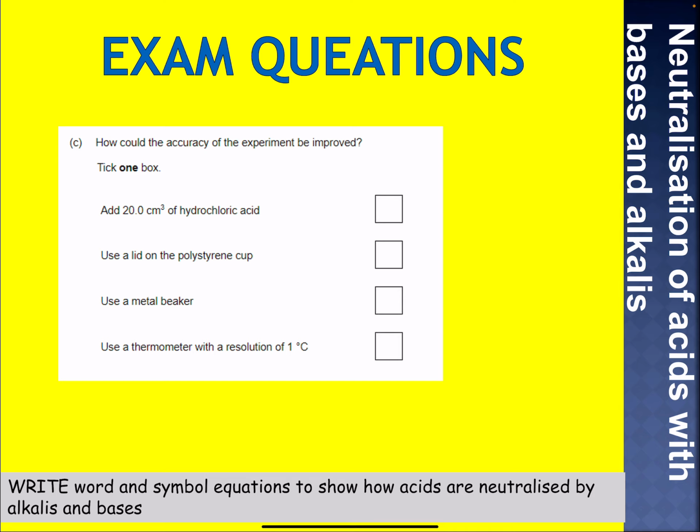How could the accuracy of the experiment be improved? Tick 1 box. So, looking at this, there you go. Use the lid on the polystyrene cup. 1 mark. You don't want to lose any heat.